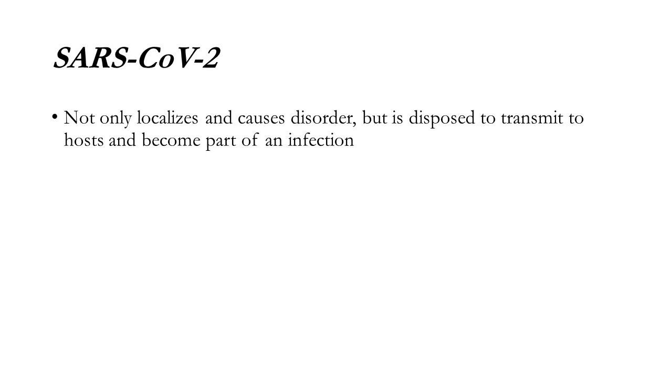Not only does it localize and cause disorder in humans, it adheres to cells with ACE2 receptors, and leads to all sorts of disease. But it's also disposed to transmit to hosts and become part of an infection. It's airborne, it's part of the replication cycle that it finds new bodies, and it causes infections in hosts.